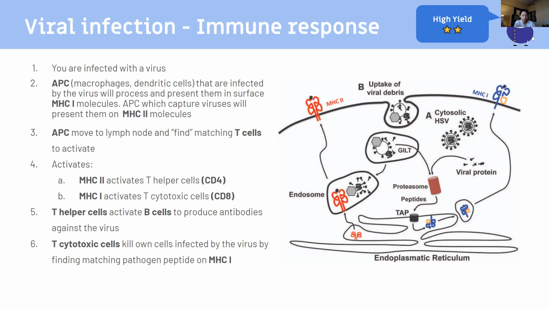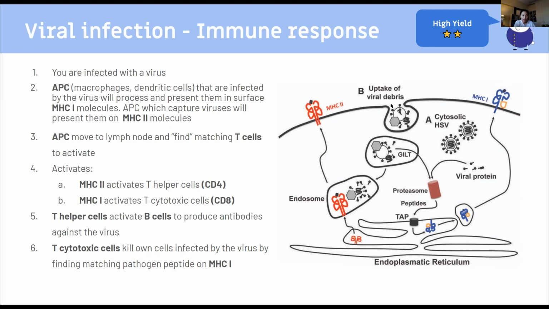Our antigen-presenting cell will then move to the lymph node to find matching T cells. So in a viral infection, both T helper cells and T cytotoxic cells will be activated. The T helper cells will activate B cells to produce antibodies. In this case, what role do antibodies have against the virus?